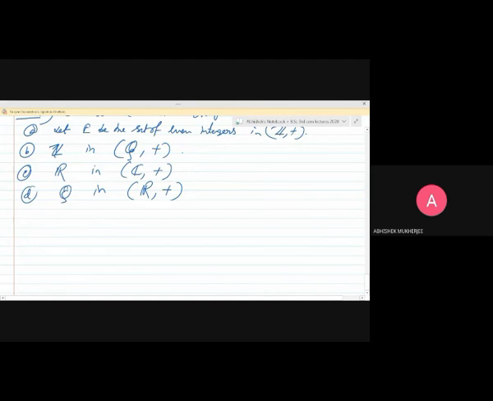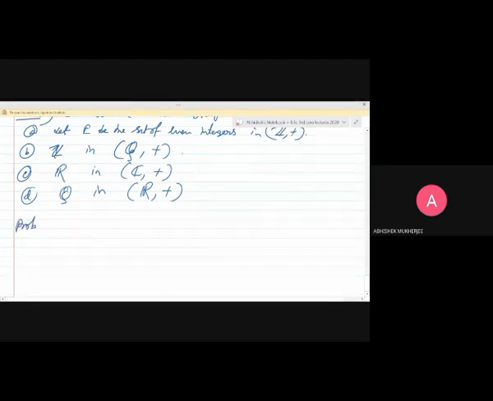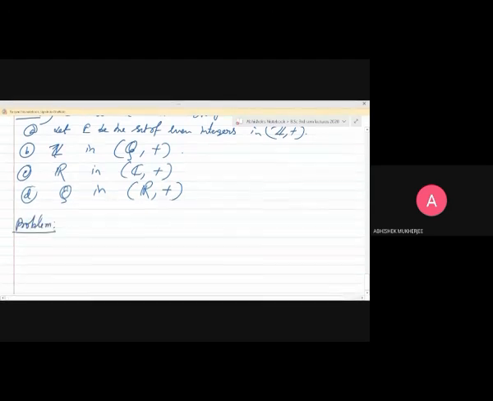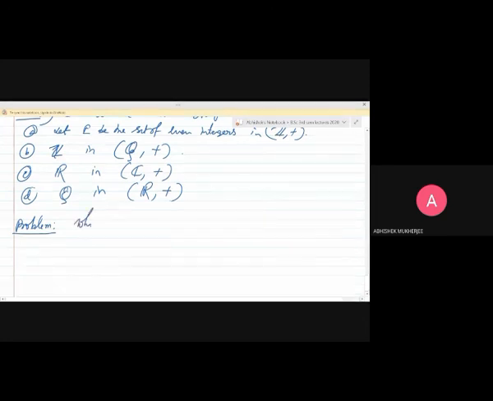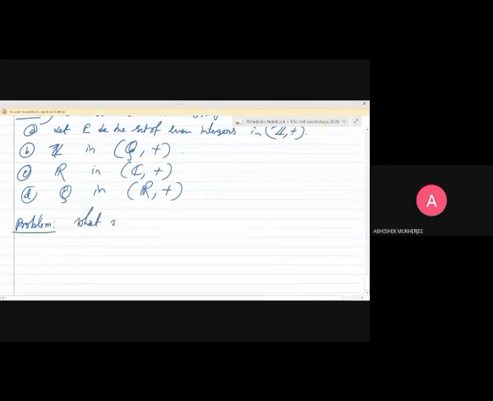And another good problem is: what is S3 by A3?